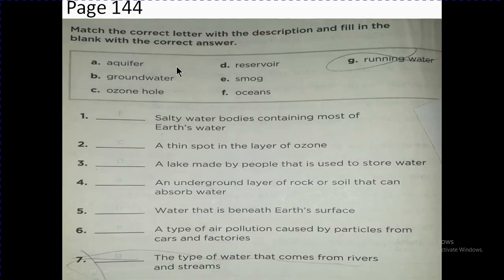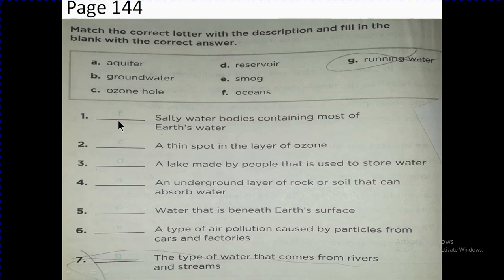So let's start the next lesson, page number 144. Now we are going to match the best option for each statement. The first statement is F, oceans, the salty water bodies containing most of Earth's water.